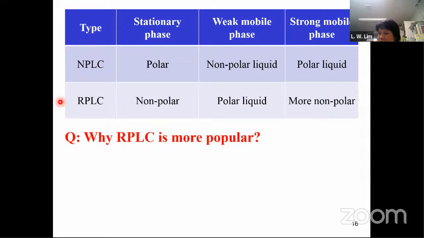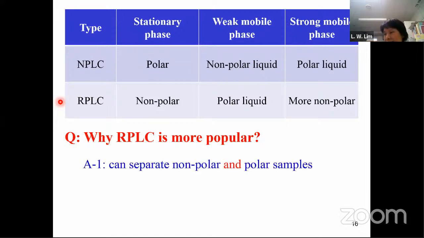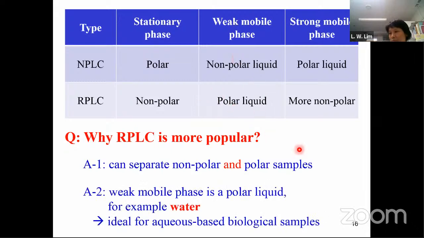Well, there are maybe three reasons. The main reason is that it can separate non-polar as well as polar samples. If you look here, the weak mobile phase is a polar liquid. Polar liquid can be many things, but the cheapest polar liquid is water.